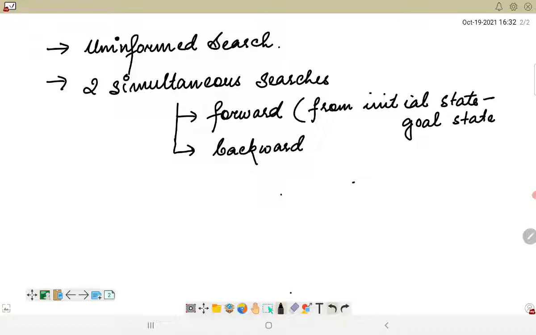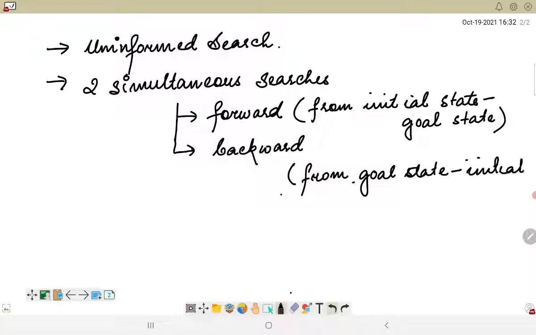The backward search happens from the goal state to the initial state. However, one factor that we have to remember is that we should have prior idea about the goal node.